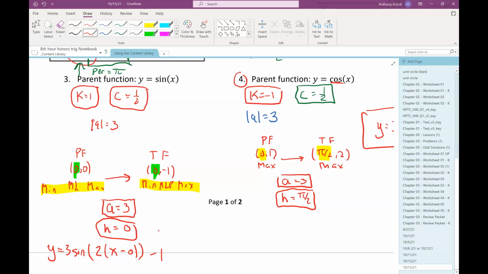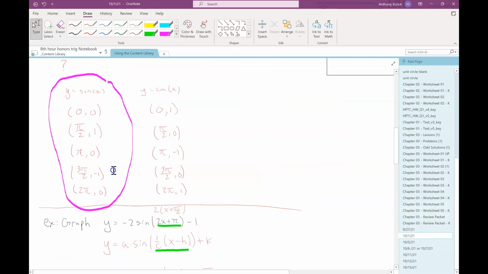Sydney. So why is cosine 0, 1 and sine 0, 0? So if you go back and you look at these key points, 0, 0 is a point on sine, and 0, 1 is a point on cosine.